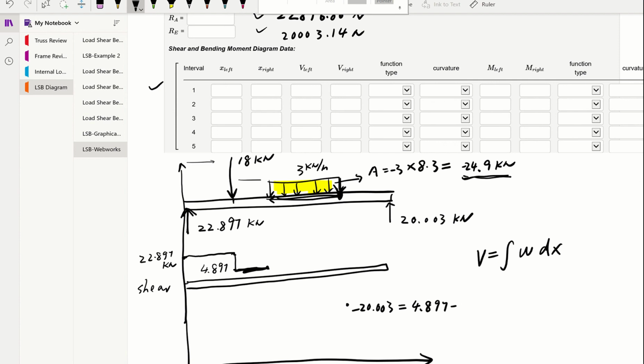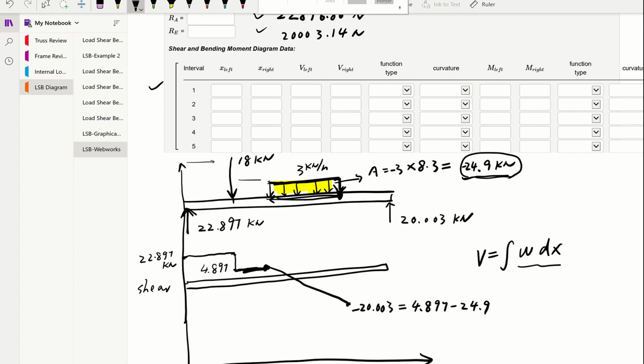We minus this area, the integral. That will give us that value. Okay. And how do we connect those two dots? Remember, this is a horizontal line, which means a constant. When you integrate a constant, that gives you a straight line. That's power of 1. So that would be that. Okay.